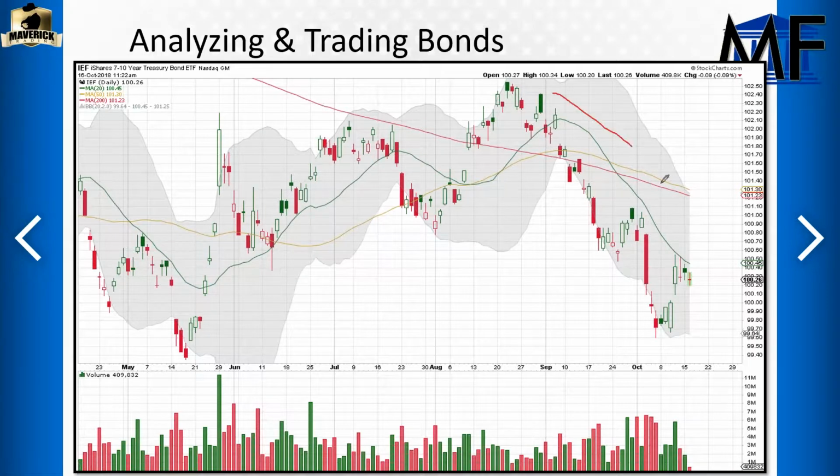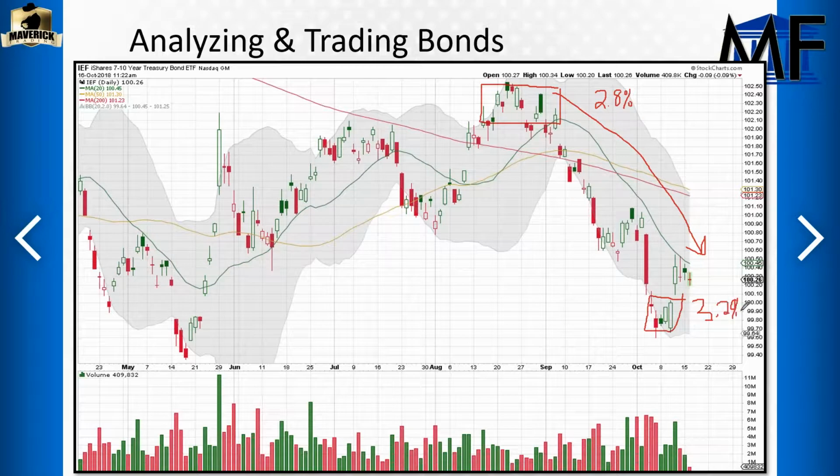Bond prices have been dropping. Why? Because yields have been rising. In other words, new issuance. If I were buying a 10-year bond here, I bought it poorly. I locked in at a 2.8% yield. And now, just a month and a half later, they're yielding 3.2.